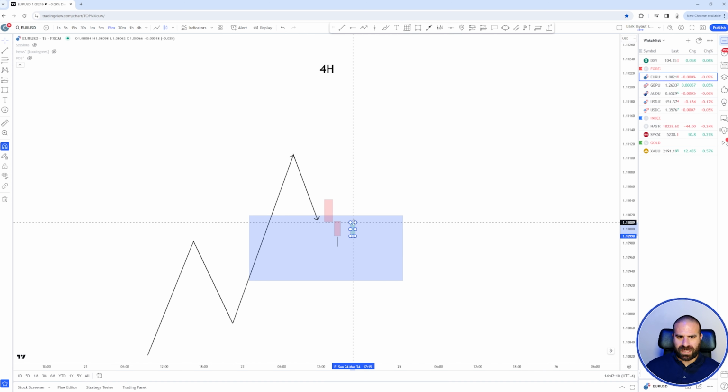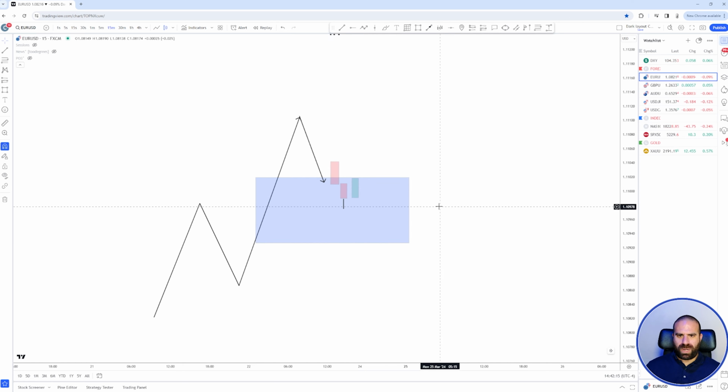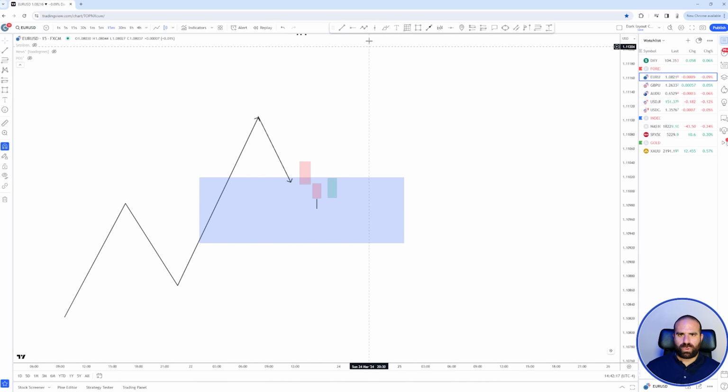This is a bullish candlestick now. Either you will be expecting to see some form of equal lows, such as in this occasion right here. It is kind of equal, this low with this low.